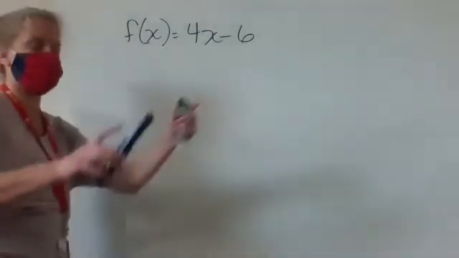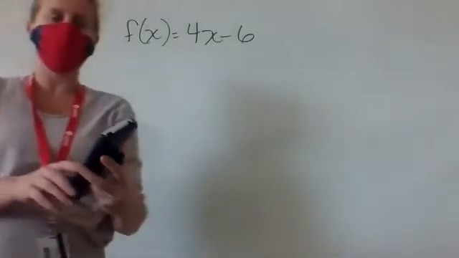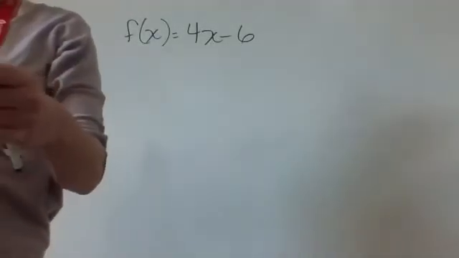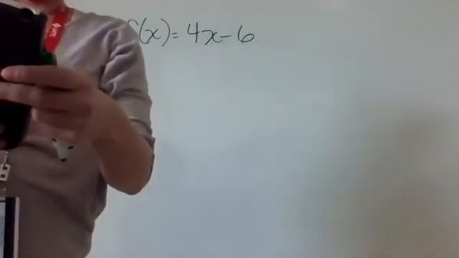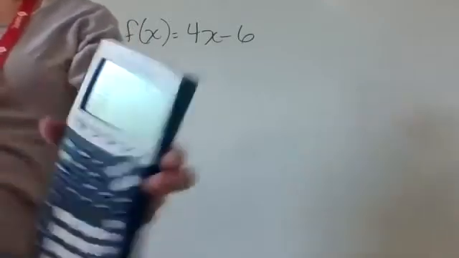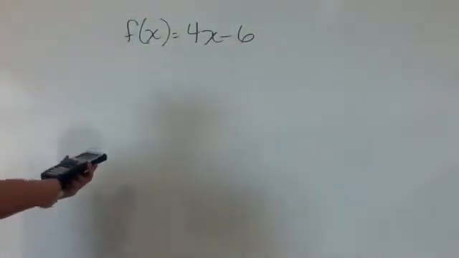So I would put 4x minus 6 in my y equals, to graph it. And again, when you graph that, once again, it's just another line, right?